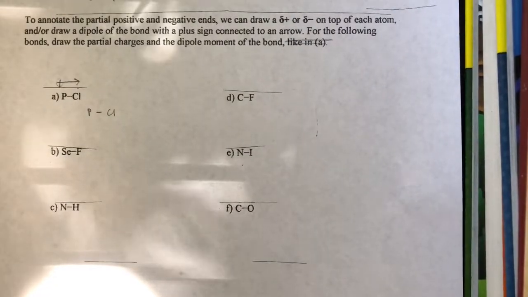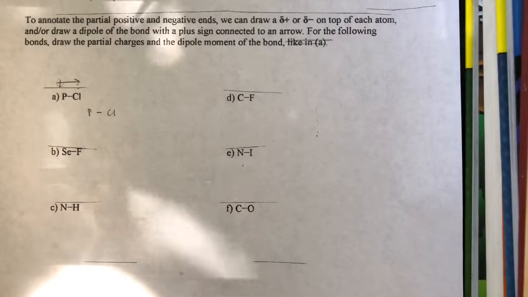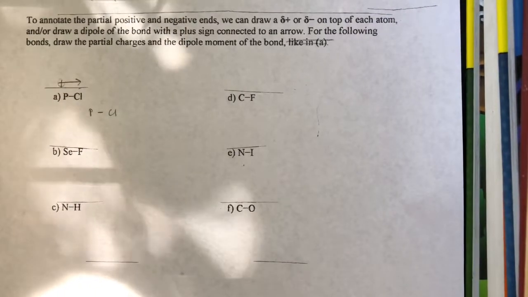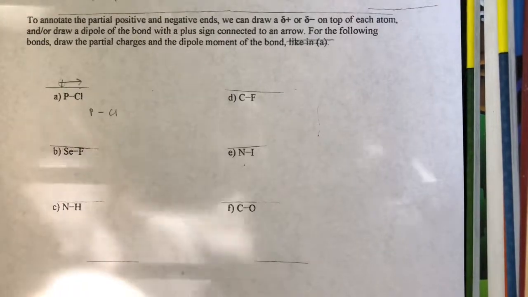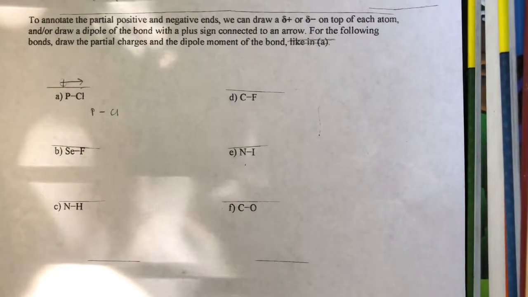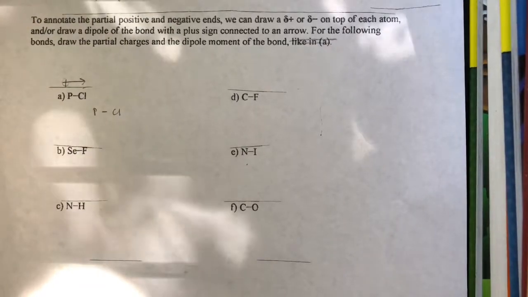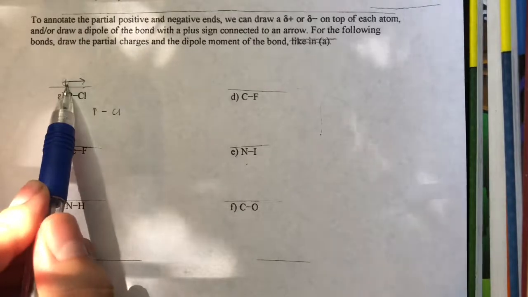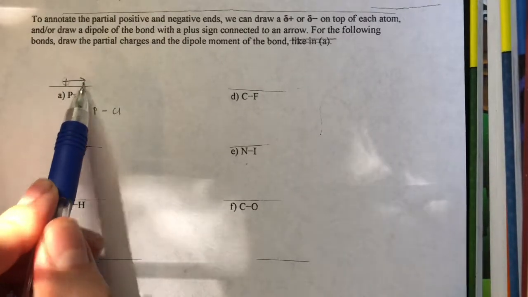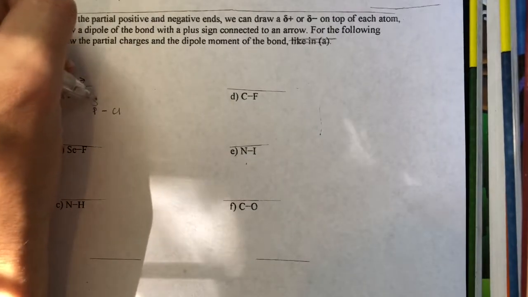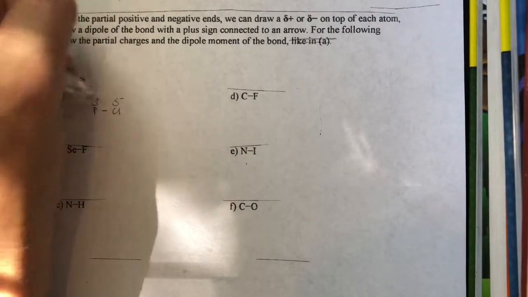To annotate the partial positive and negative ends, we can draw a partial positive or partial negative on top of each atom, and or draw a dipole of the bonds with a plus sign connected to an arrow. For the following bonds, draw a partial charge and the dipole movement of the bond. So for P and Cl, we see that P is more positive than Cl, and for this, since P is more positive, you would do the partial positive and partial negative.